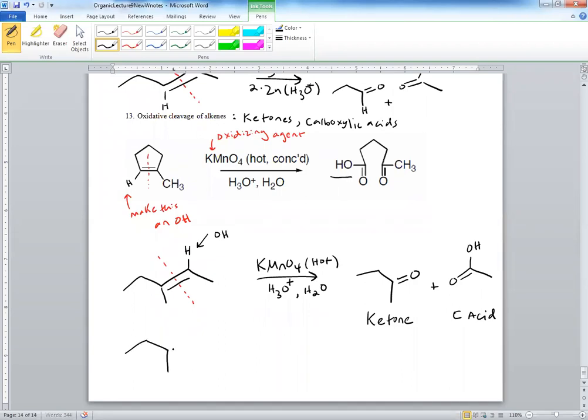What if you have this? Be careful again, look at the alkene that you have. You will now make only carboxylic acid.